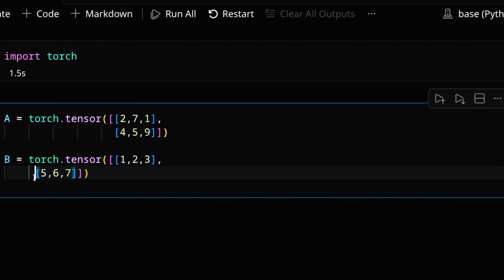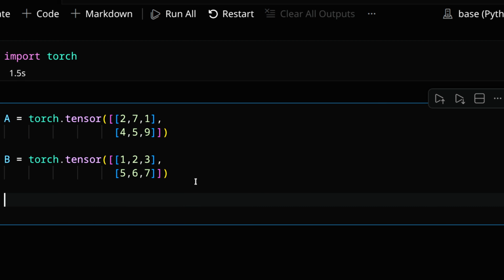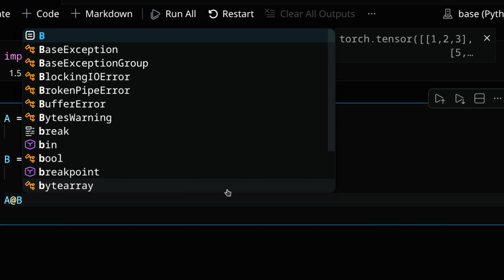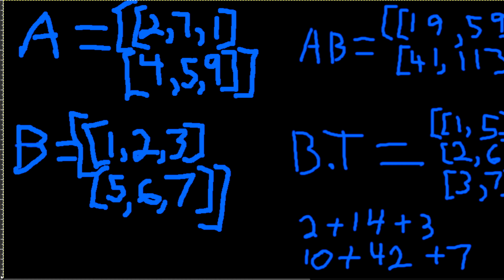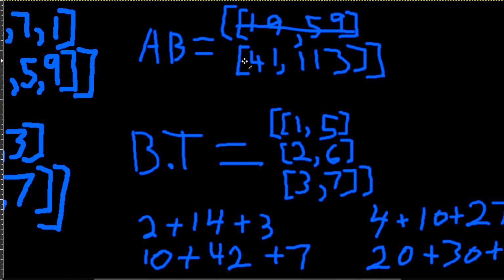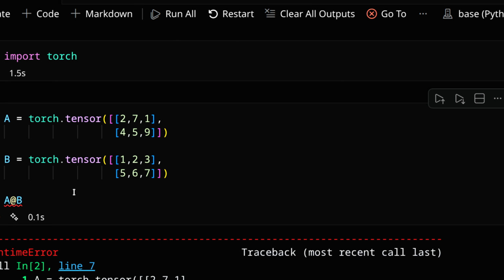So now to matrix multiply them together, just simply put A, the at symbol, B. That's one of the ways to do it. Whenever I run this, it should show the same result as this: 19, 59, and then 41 and 113.